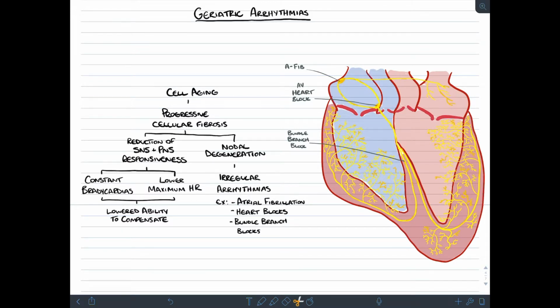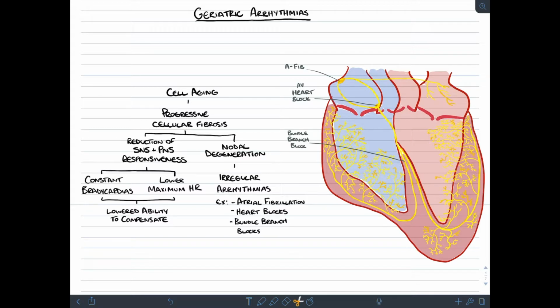If it's not contracting at full speed, there might be blood hanging out at the most distal portions of the atria that will start to partially coagulate. When those clots are finally transmitted through the body, through our pulmonary circuit, we start to look at possible PEs, strokes, MIs, that kind of thing.